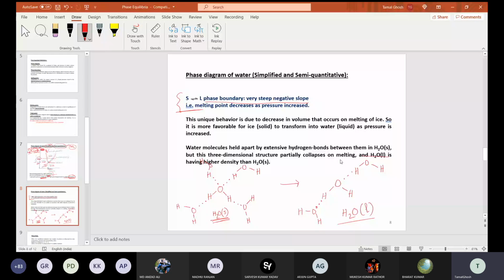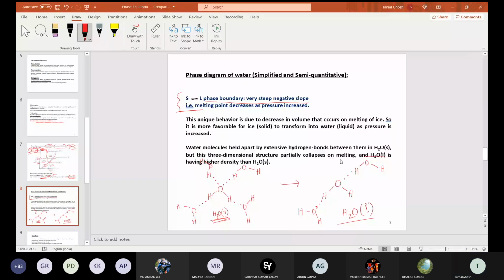So water solid has a lower density and water liquid has a higher density than the H2O solid or ice form. Such significant, very strong hydrogen bonds we do not observe in H2S or methanol, ethanol. That's why it is a very crucial and important consideration in the case of the water system.